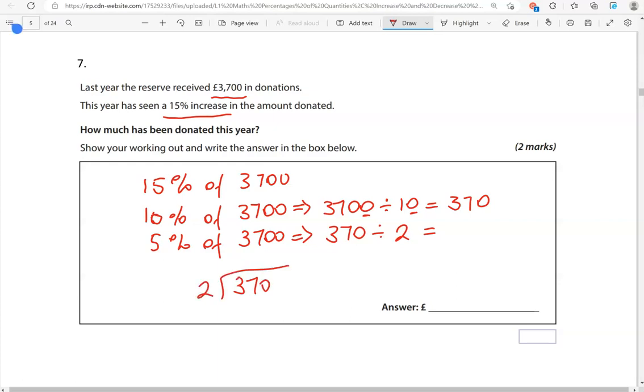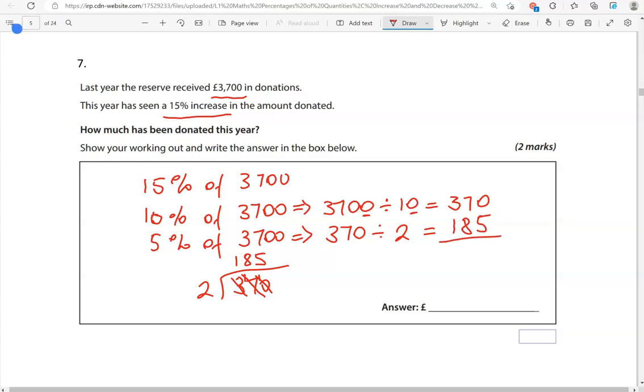So 370 divided by 2. How many 2's fit into 3? That's just 1, and we have 1 remaining. How many 2's into 17? That is 8, and we have 1 remaining because 2 lots of 8 is 16. How many 2's into 10? That is 5 exactly. So 185. That's equal to 5%.